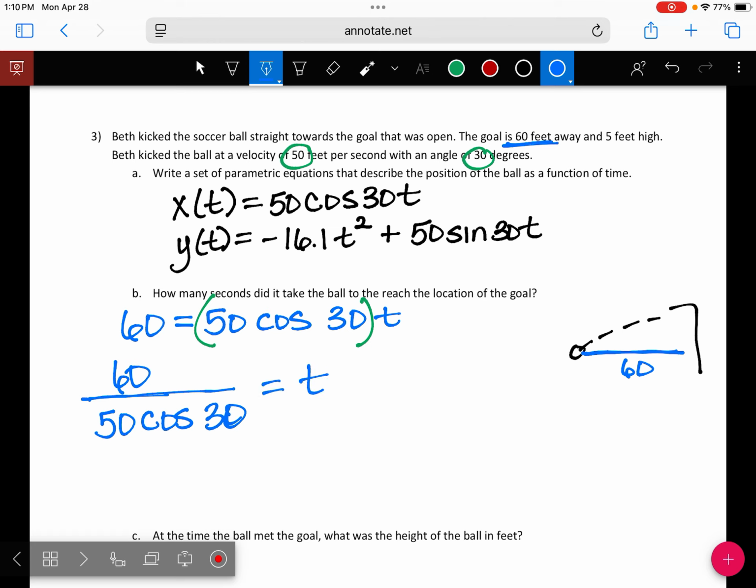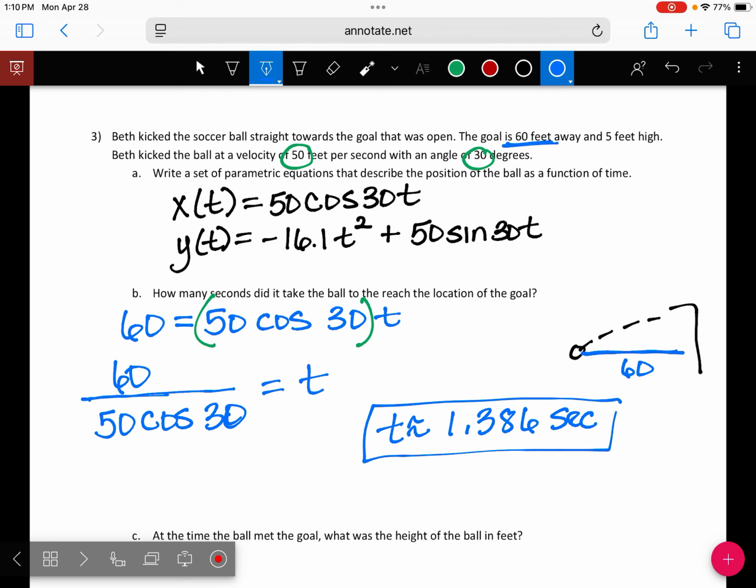Not how high it is, but how much time does it take to travel that kick. And again, everything is to the thousands place. And you should get 1.386 seconds.